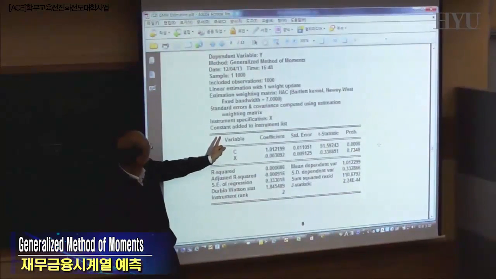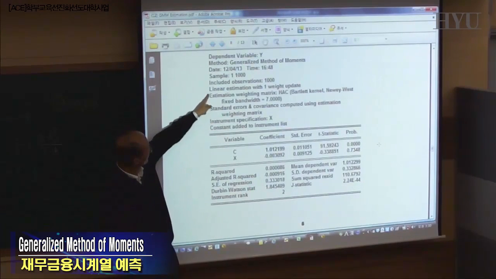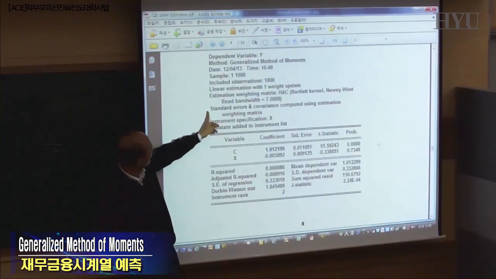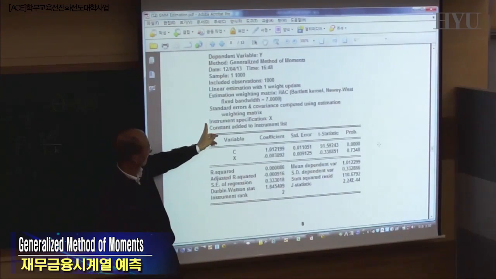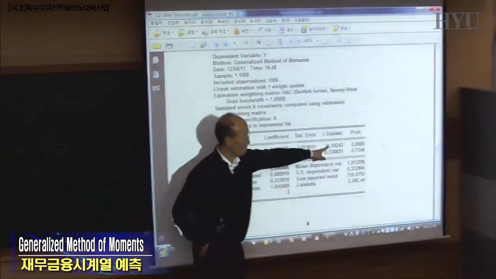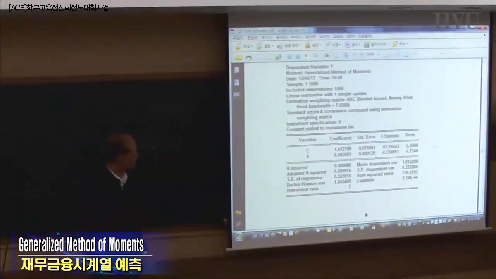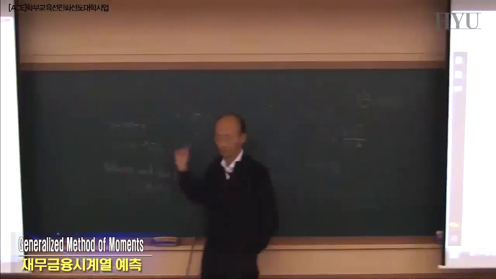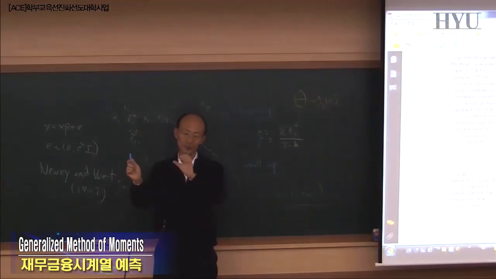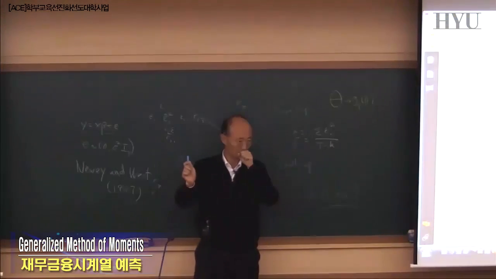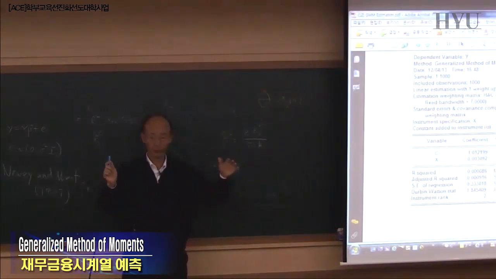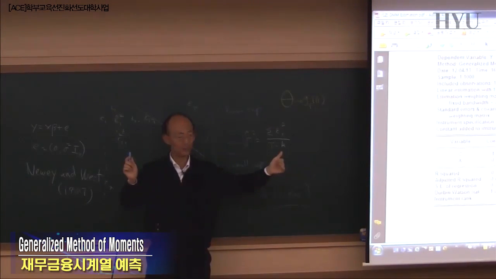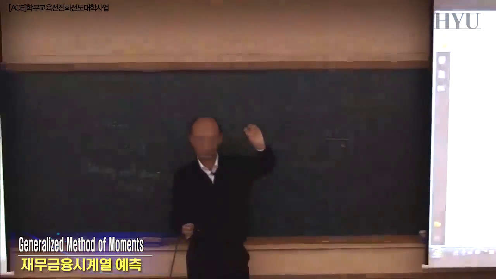It says Newey-West. So, in your typical multiple regression, y on constant and several explanatory variables, when you run a regression, you can always look for the option from EViews.